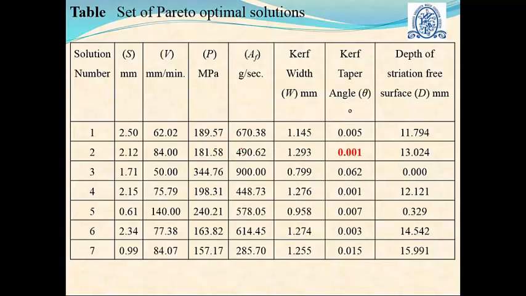For example, if you see solution number 2, it is offering the best value with respect to kerf taper, and therefore high weightage is given to kerf taper for this solution, as compared to the weights for kerf width and striation free surface. Obviously you will not get the weights explicitly, but the weights are implicit. But there is no issue, because you will get a large number of solutions, and all of them correspond to certain weights of the objective functions.